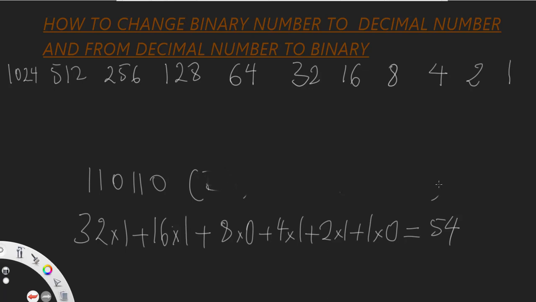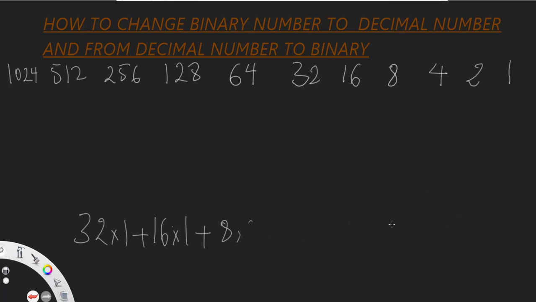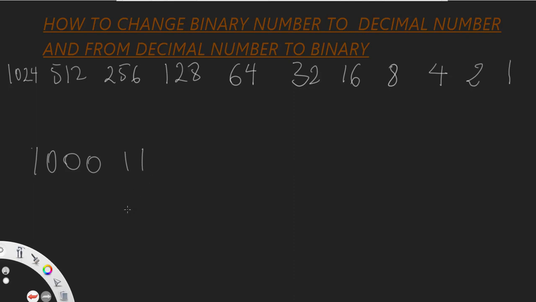Now let's go to the next example. You can pause the video and look at how I did it. Next example: we have a binary number, 100011. Oh, sorry. We need to find the decimal number. There we go: 1, 0, 0, 0, 1, 1.